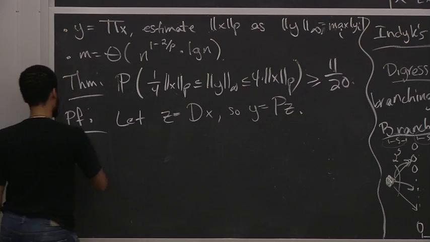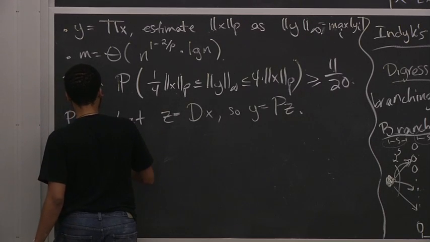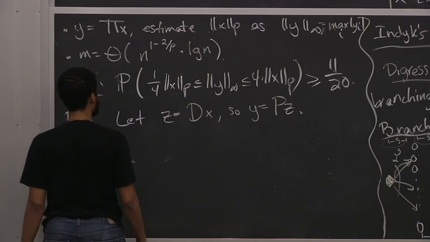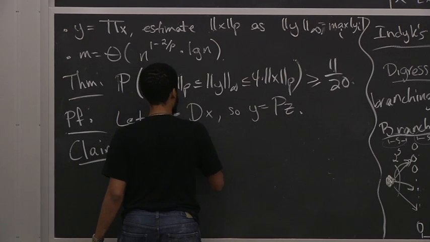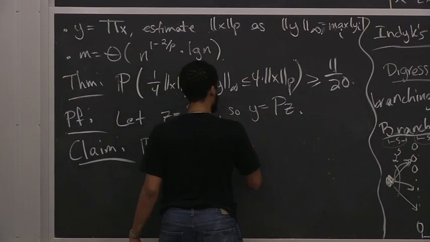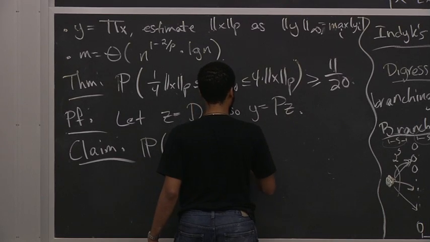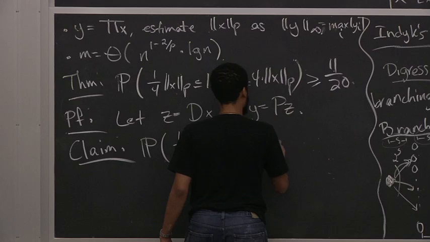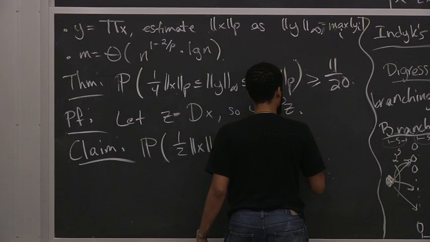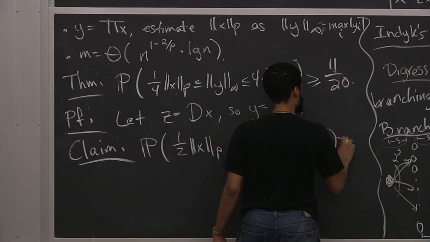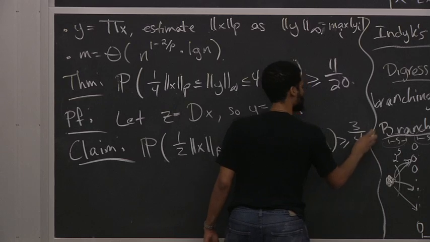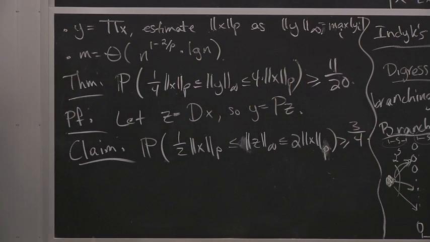And the claim 1, is that the probability that a half of the Lp norm of x is at most ||z||_infinity, which is at most 2 times the Lp norm of x, is at least 3/4. Okay.